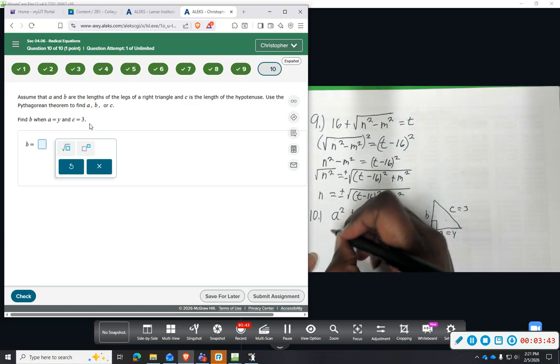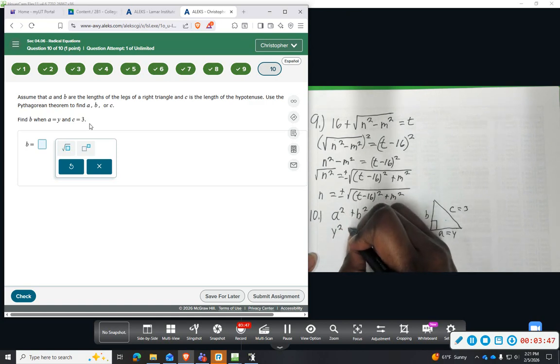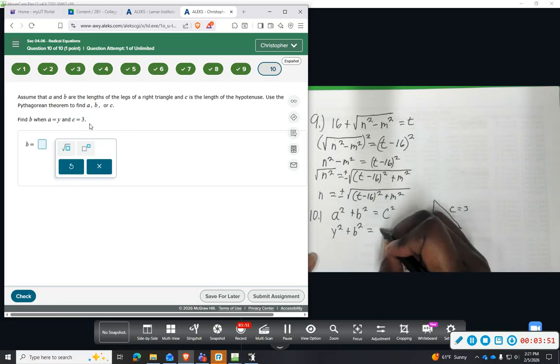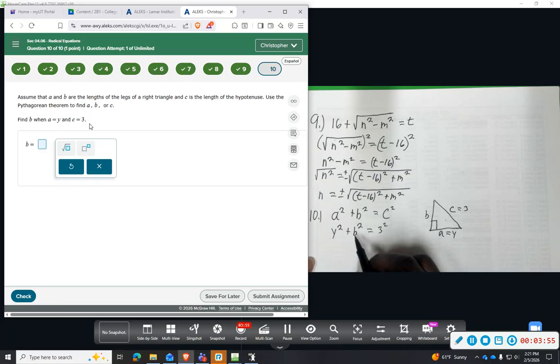So this is going to be y squared plus b squared equals 3 squared. I'm going to subtract y squared and move it over, trying to isolate the b. So you get b squared equals, now 3 squared is 9, so 9 minus y squared.